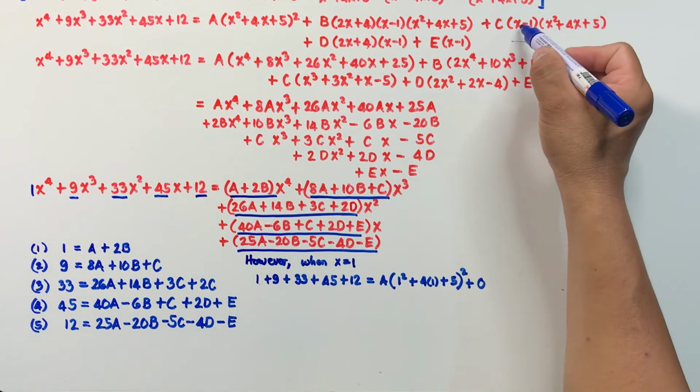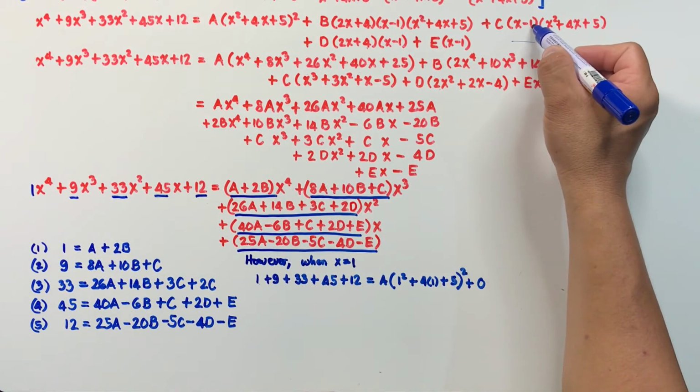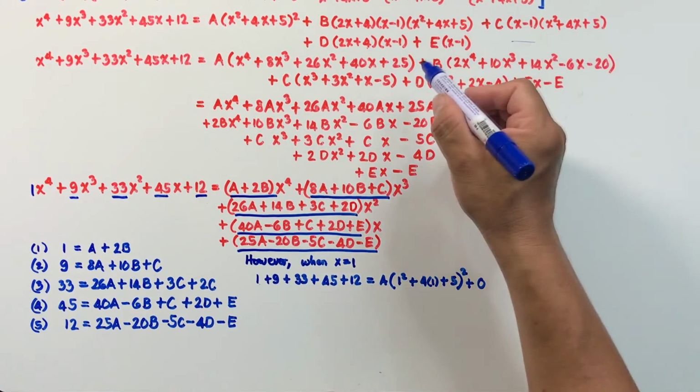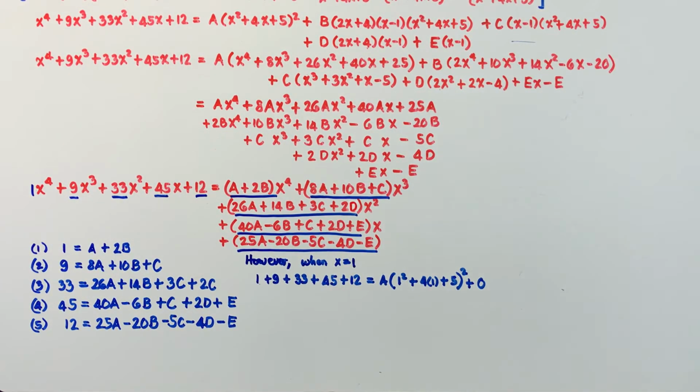And also this one, 1 minus 1 is 0, and 0 times anything is also 0. So that goes away.